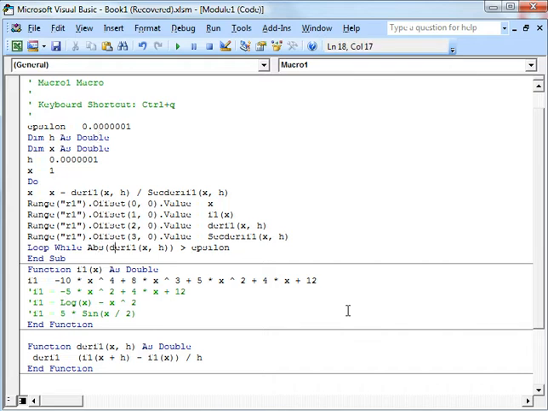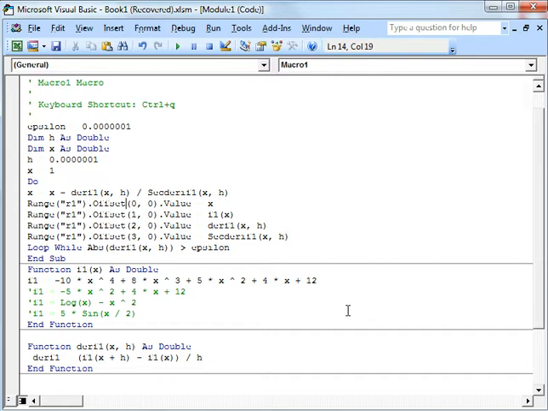So if the derivative eventually reaches a value that's very close to zero, then that means that the original function I was working on is at a maximum or a minimum, and all that is just implemented in this simple equation, which is the new x is the previous x minus the first derivative over the second derivative.